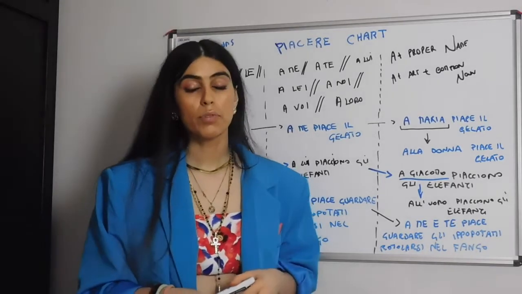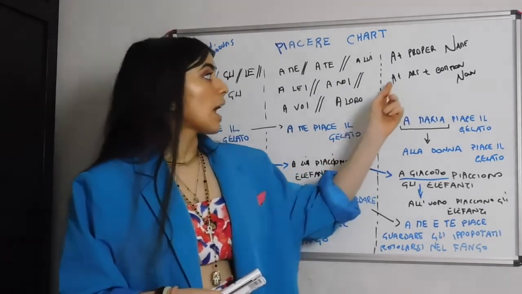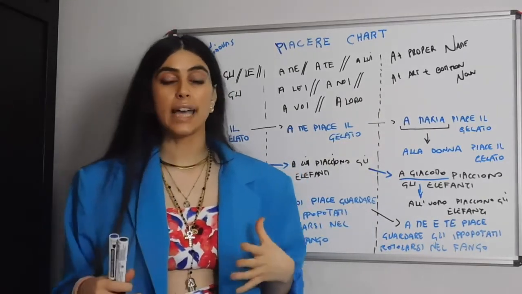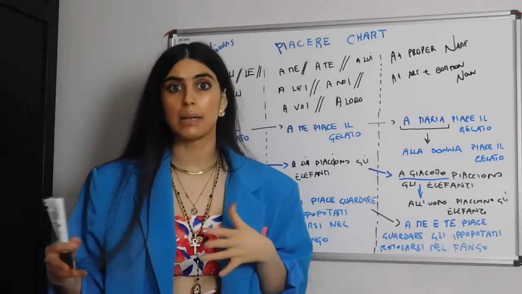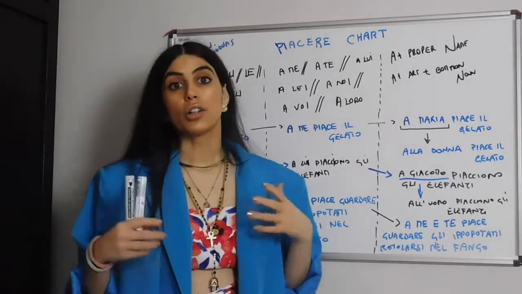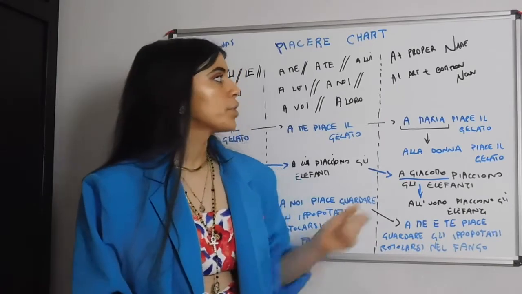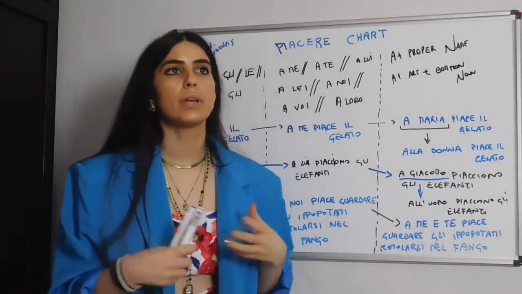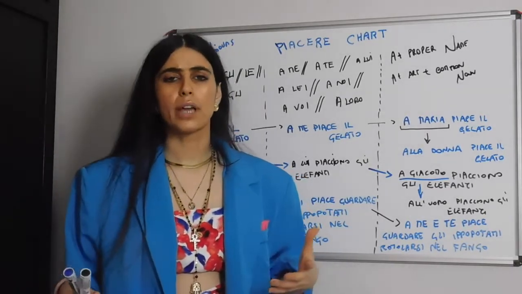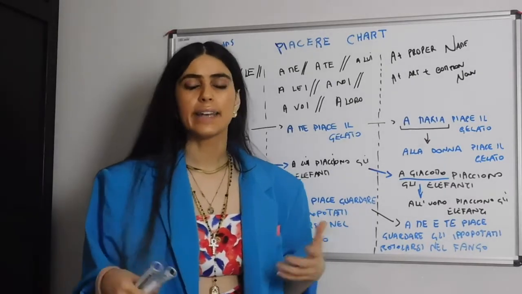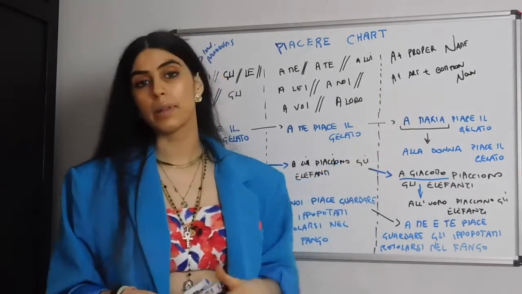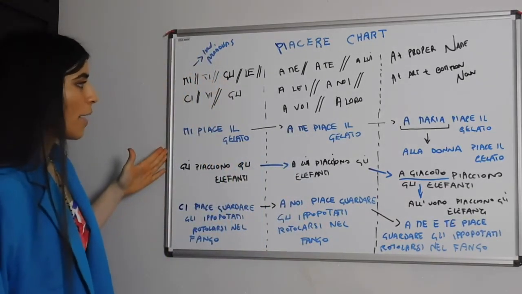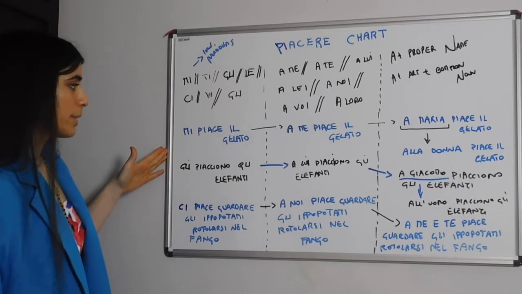A proper name would be the name of a person, whereas a plus article plus common noun is when I do not say the name of the person who likes something, but I indicate the person using a common noun, such as ragazza, donna, ragazzo, bambino, bambina, but also more general things like elefanti, italiani, etc. In that case, I will combine a plus the article. Let's see the chart that we have completed.